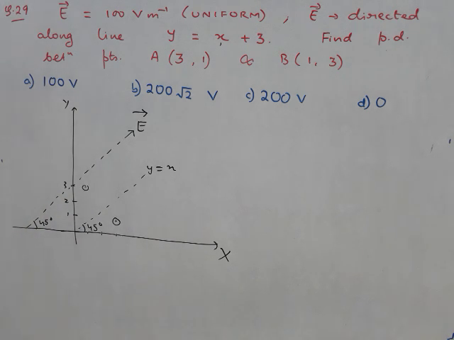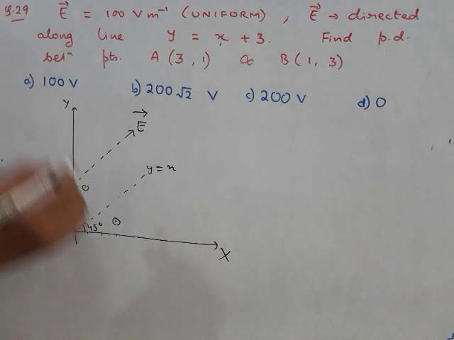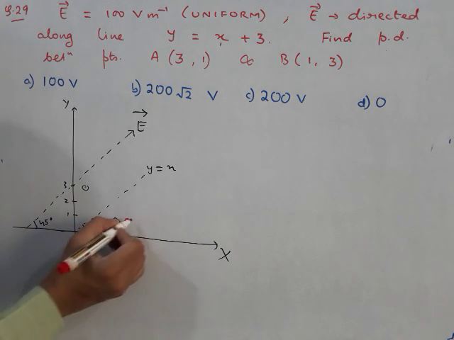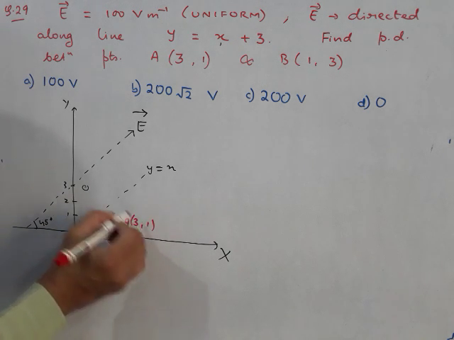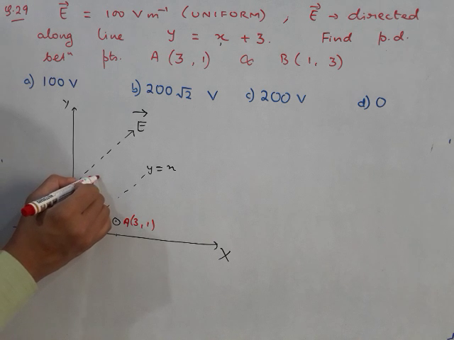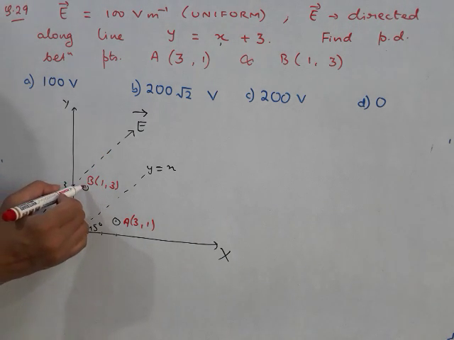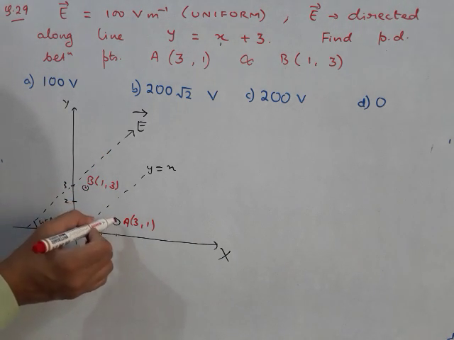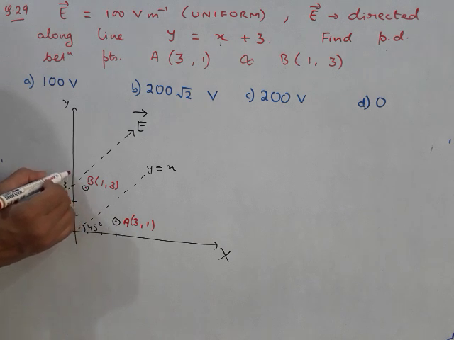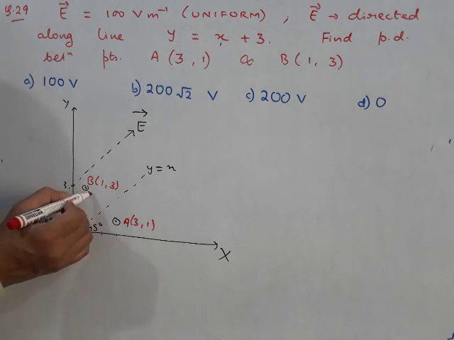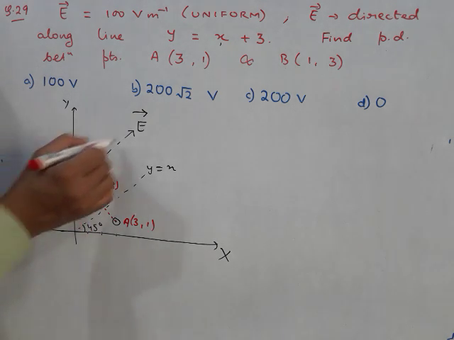So this is point A, 3, 1, and this is point B, that is 1, 3. Can you see that this line joining A and B is perpendicular to this line?